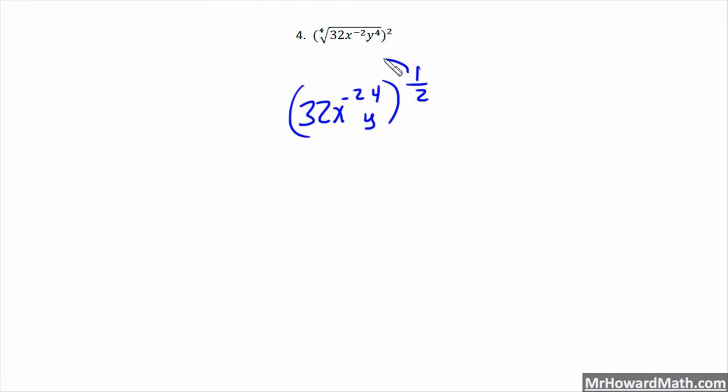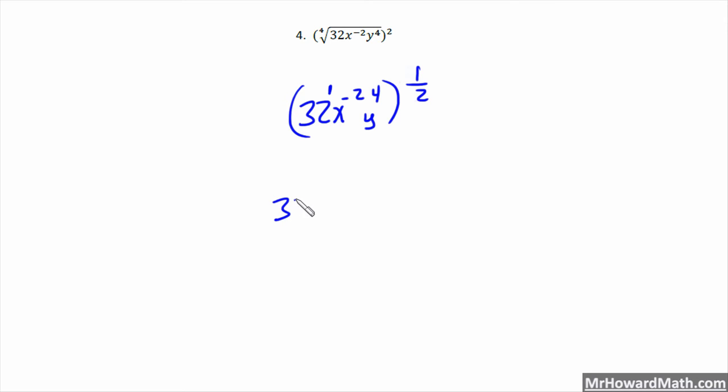Okay, now we can bring the exponent into each of these factors here, and we're doing outside to inside, so we're going to multiply by the exponents that are already there. Remember, the 32 has an exponent of 1 that's implied to be there. So make sure you still bring in the 1/2 exponent there.